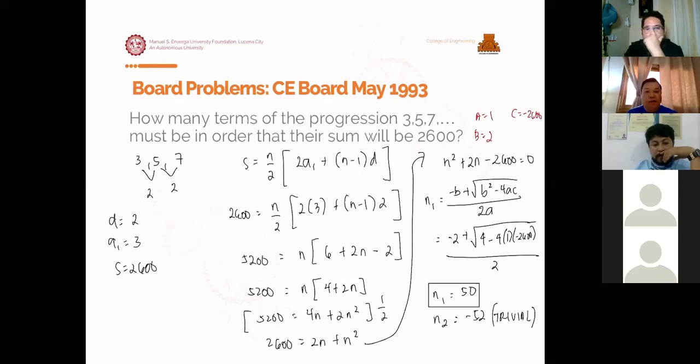Yan na po, sir. Download, para mapakita ko yung shortcut para sa quadratic equation. Meron po dyan.